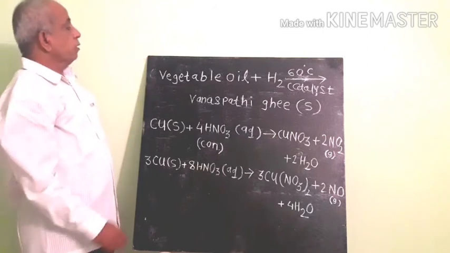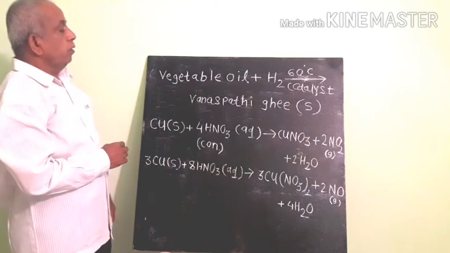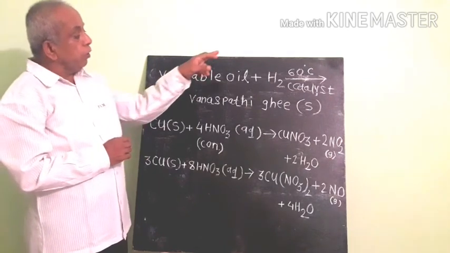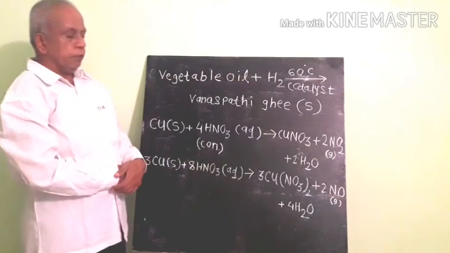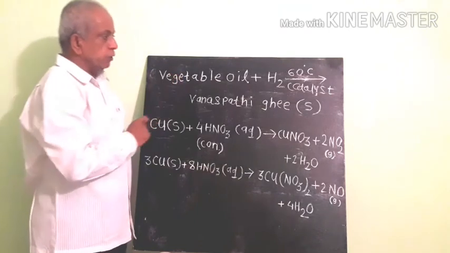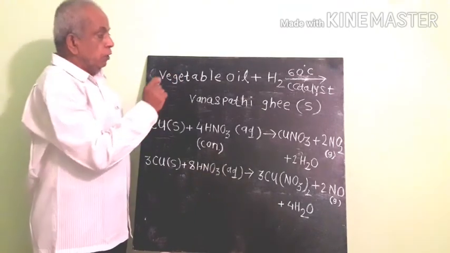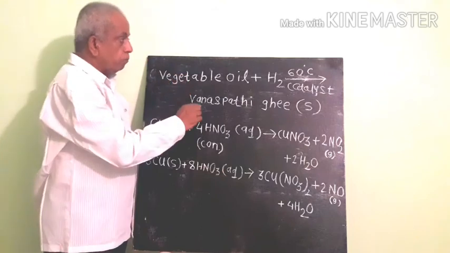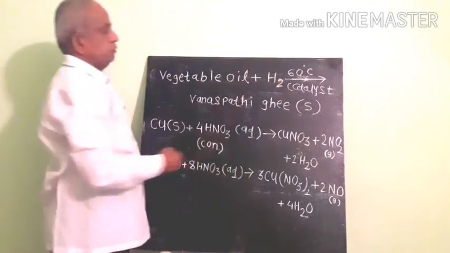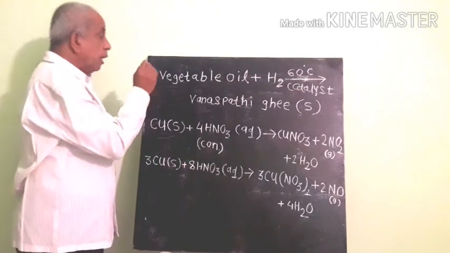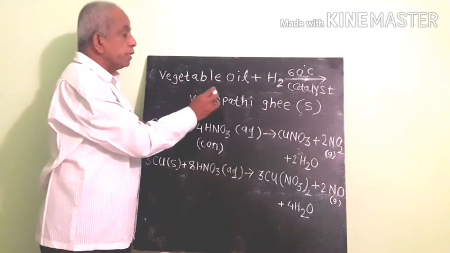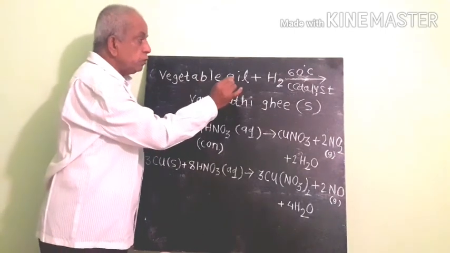Suppose when vegetable oil is treated with hydrogen at 60 degrees Celsius in the presence of nickel as a catalyst, that vegetable oil converts into vanaspati ghee, which is solid.